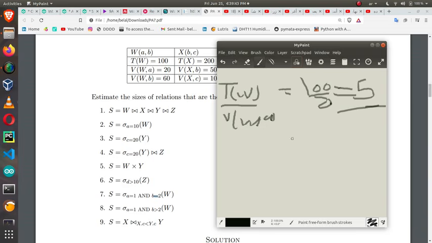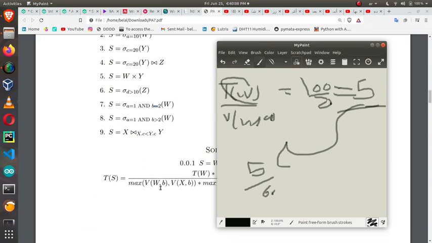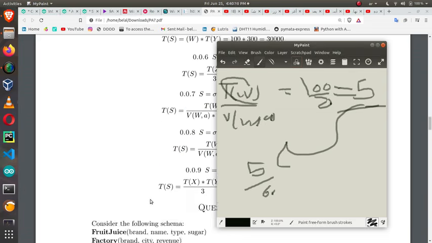How many of these 5 tuples also satisfy the second condition? Apply the same equation, however instead of T of W we will replace it with 5. So 5 over VWB, 60. 5 over 60.